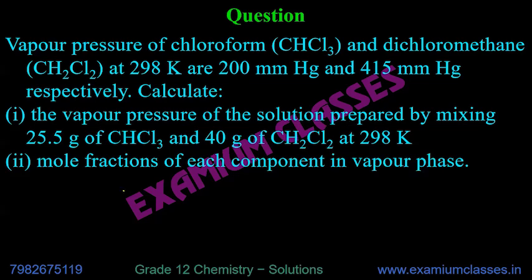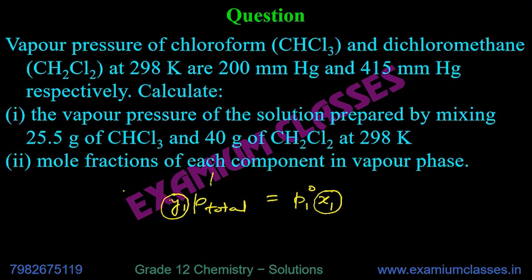So in short, in the second case, what you used was Y1 P total equals P1 naught X1. Both are P1: P1 in terms of mole fraction in the vapor phase, P1 in terms of mole fraction in the solution.